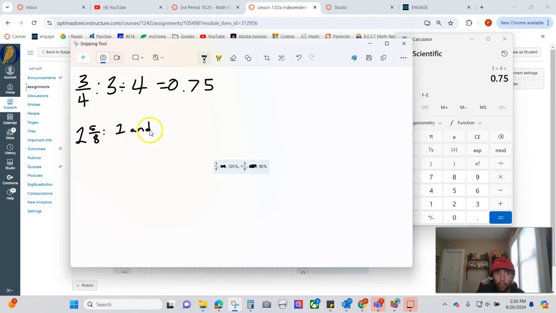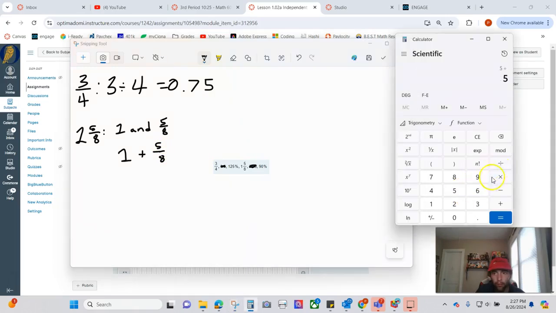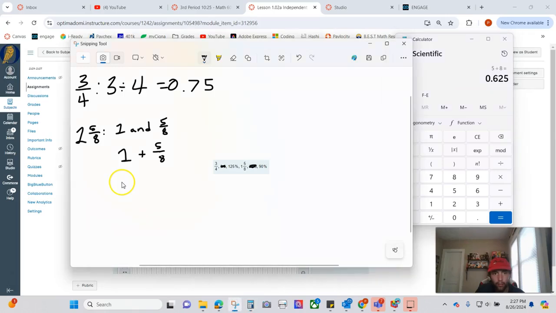And 1 5/8 is kind of the same as writing 1 plus 5/8. So let's try and turn 5/8 into a decimal by doing top number divided by bottom number. Nice.